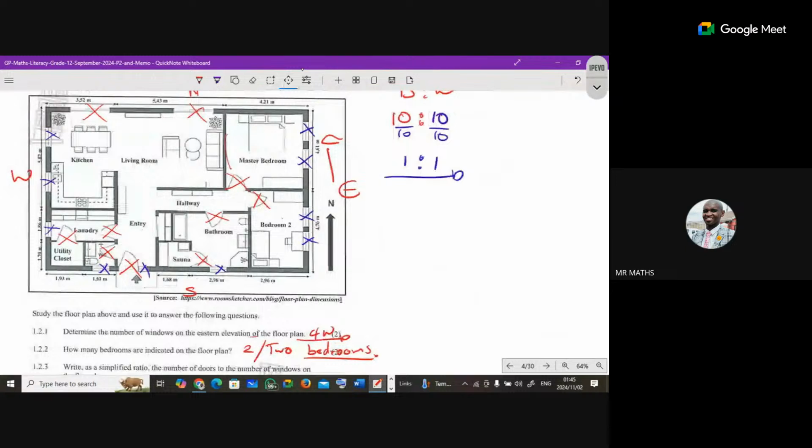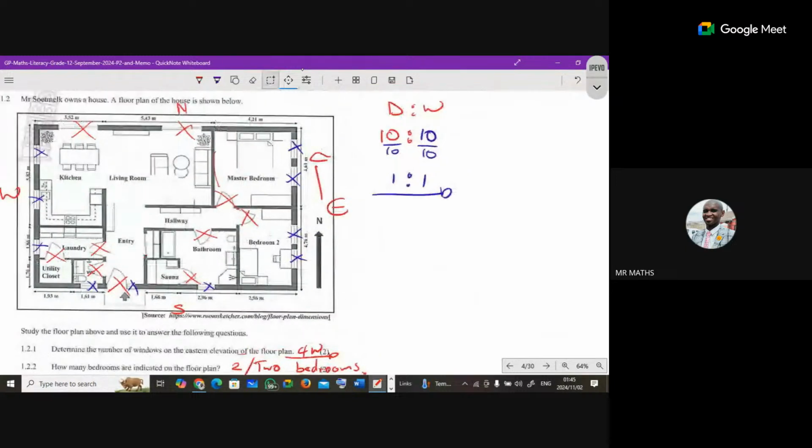So your perimeter is always the distance around something. So now you can say your perimeter is the distance or the length, it's up to you. The distance around, the length or distance, I don't know which one is suitable.